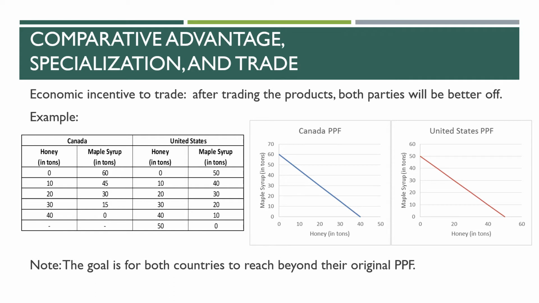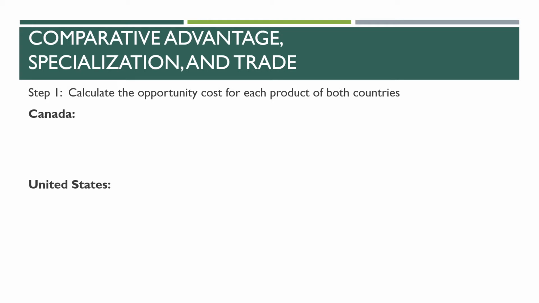So let's get started. The first thing we are going to do in this process is to find what is possible for the two countries to do and what the opportunity cost is to produce those products. These calculations can be done fairly easily.